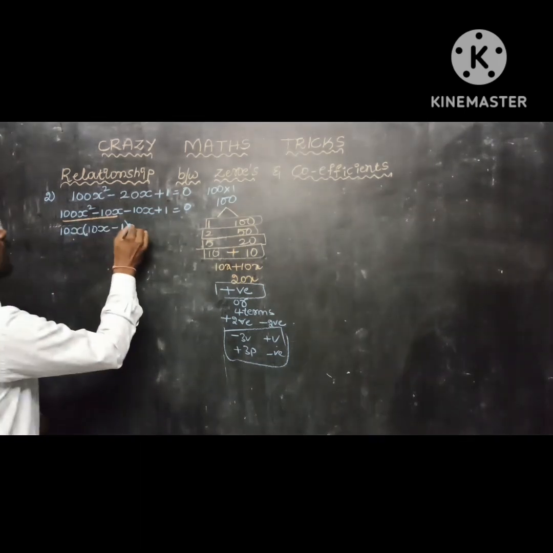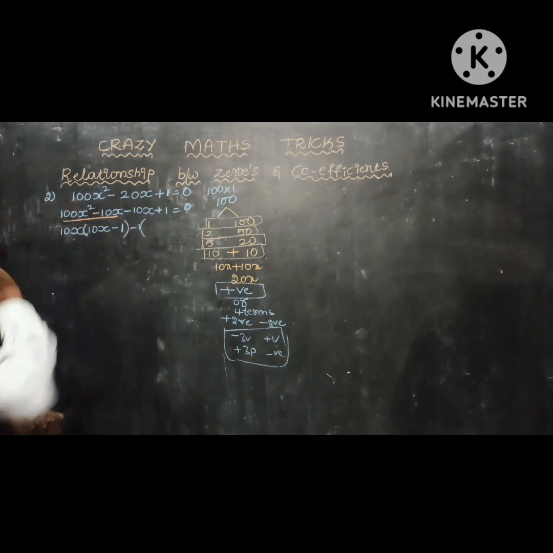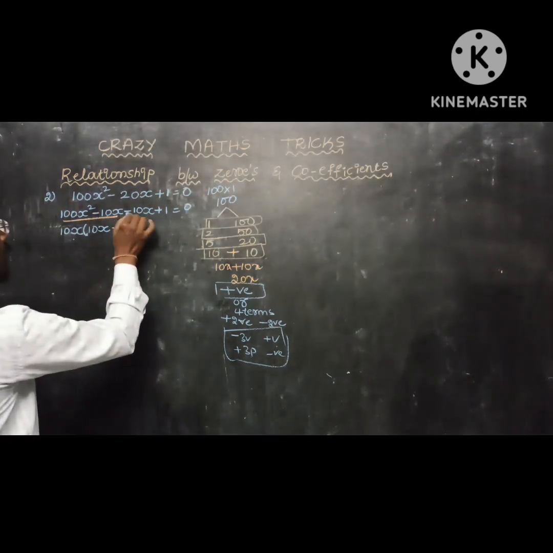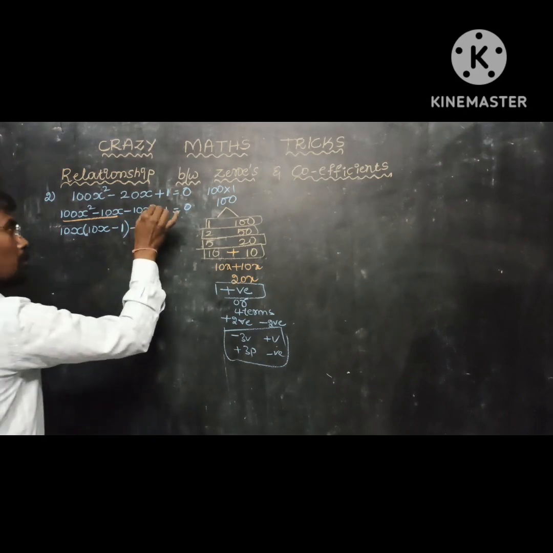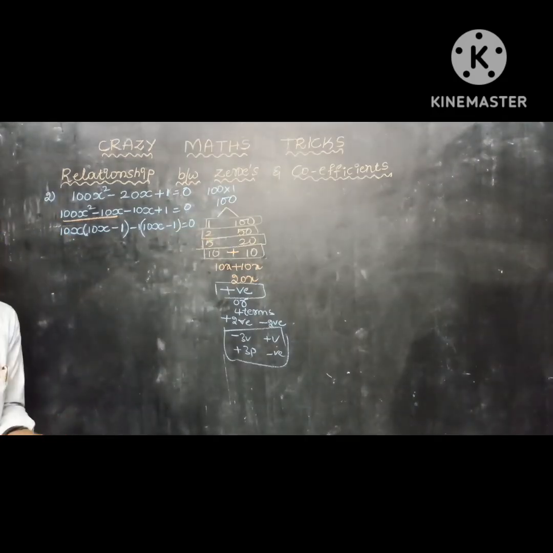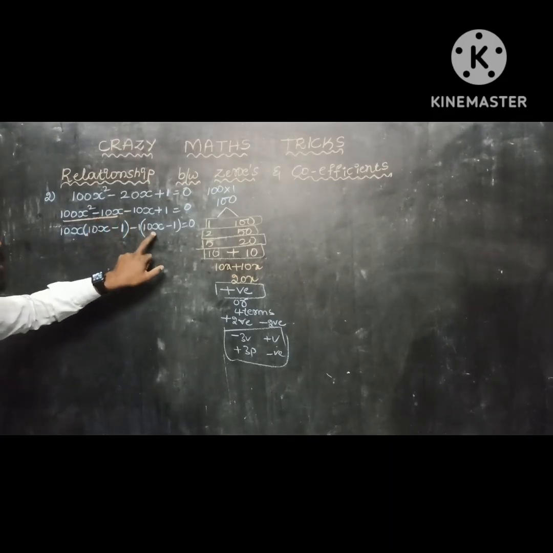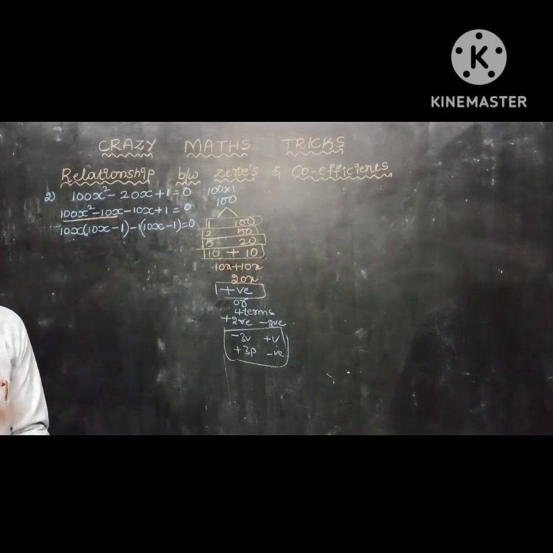Now here I am going to take minus 1 as the common. If we take minus 1 as the common, what can we get? Minus 10x will become plus 10x and plus 1 will become minus 1. When we take minus as a common, negative terms will become positive terms, positive terms will become negative terms.